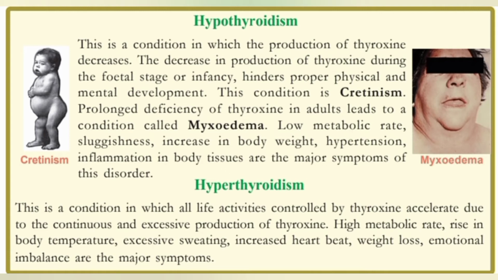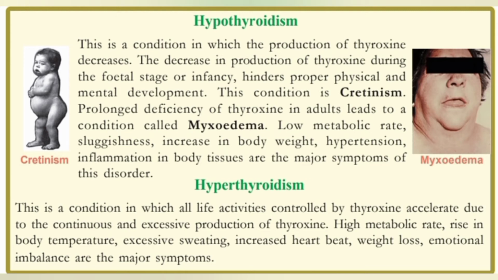The person having myxedema shows symptoms such as low metabolic rate, sluggishness, increase in body weight, hypertension, and inflammation in the body tissues. These are the major symptoms of this disorder. So hypothyroidism is over. Next one, hyperthyroidism.